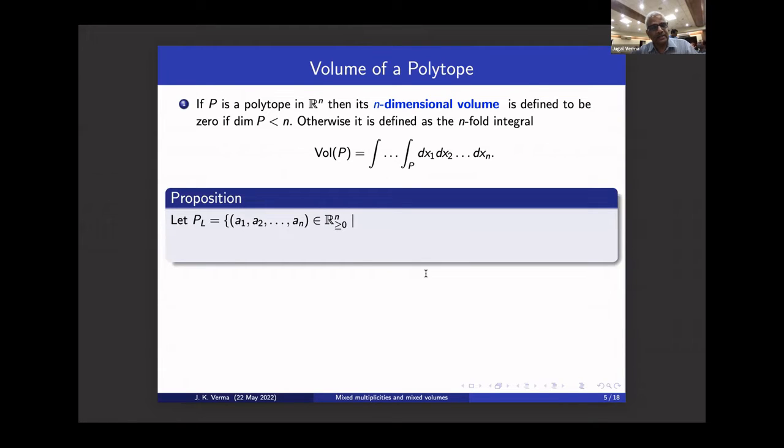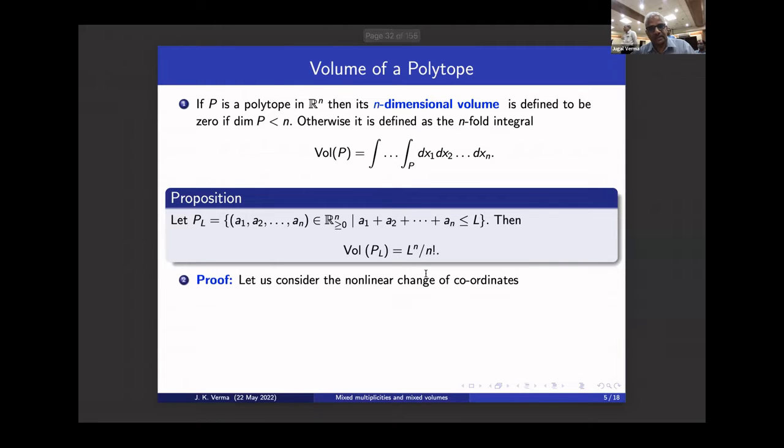For example, if I take the polytope PL, which consists of real points a1, a2, ..., an, where the ai are non-negative and the sum is at most L, then the volume of this simplex is L^n over n factorial. This is a good exercise in change of coordinates.